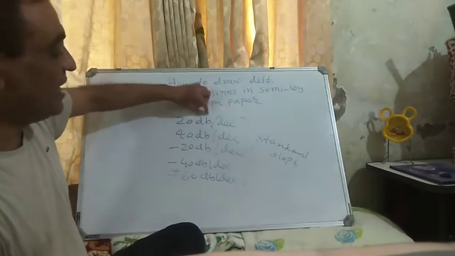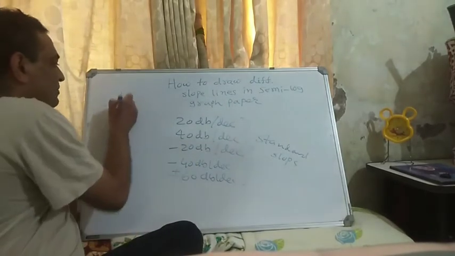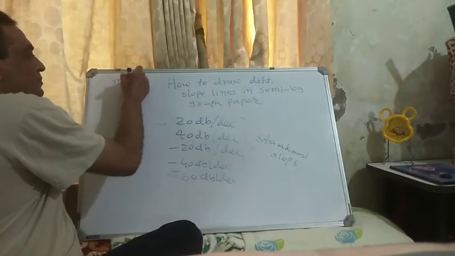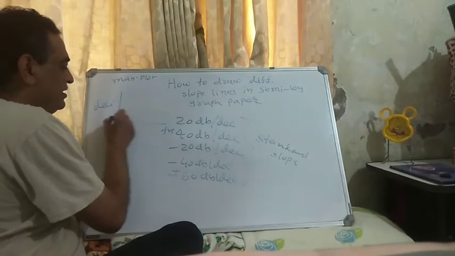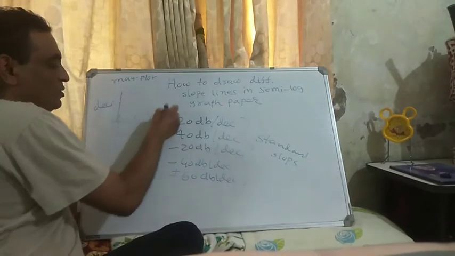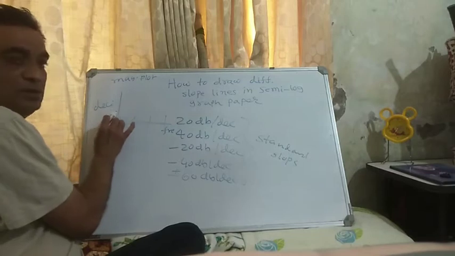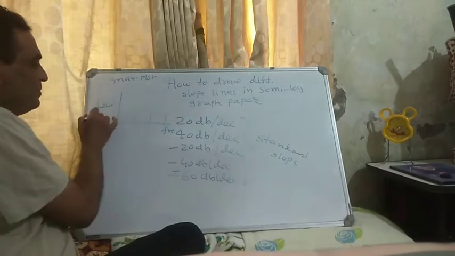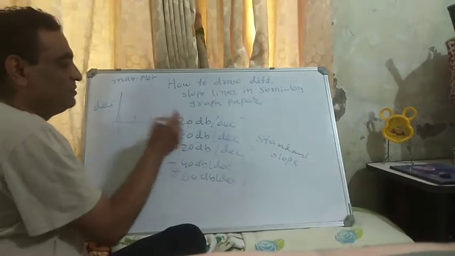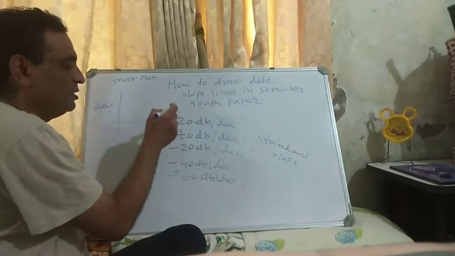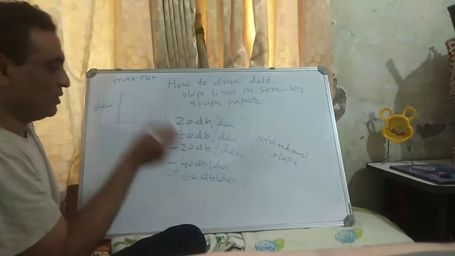The gain in dB per decade is the slope, because you know that the magnitude plot is decibel versus frequency, and this frequency line is divided into decades. So how much variation is there in the magnitude per decade? That is the slope. If in a decade the magnitude changes from 0 to minus 20 dB, then it is a minus 20 dB per decade line.